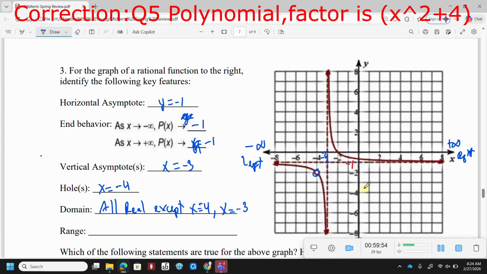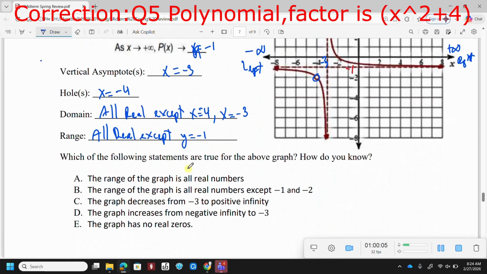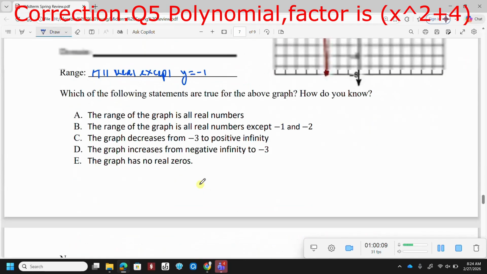Now for the range, you need to take away the horizontal asymptote. So you say all real except y equals -1. Okay, you figure that one out. And that's it.